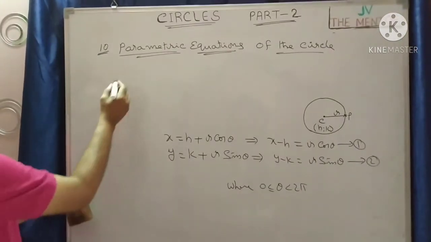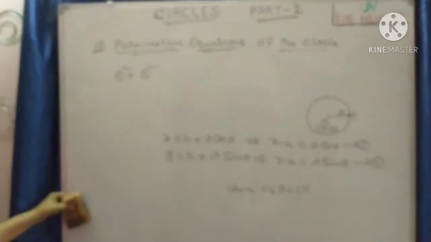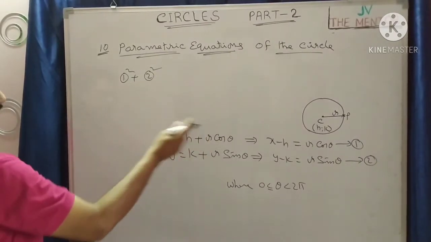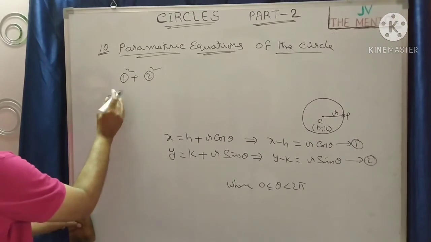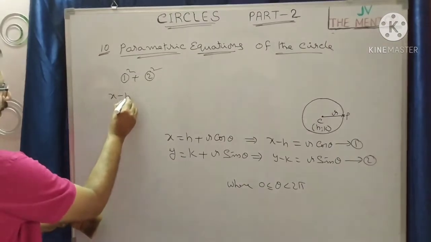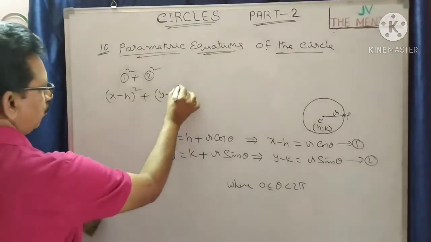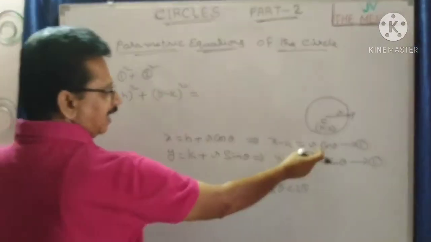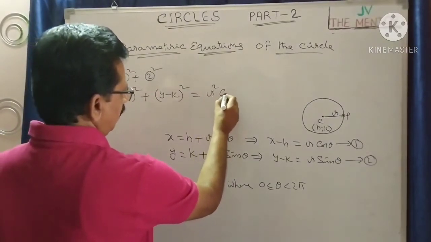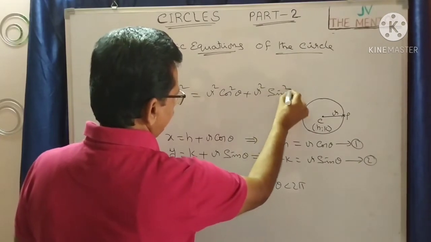Okay, now 1 square plus 2 square, squaring and adding. Now we have x minus h whole square plus y minus k whole square equal to r square cos square theta plus r square sin square theta.